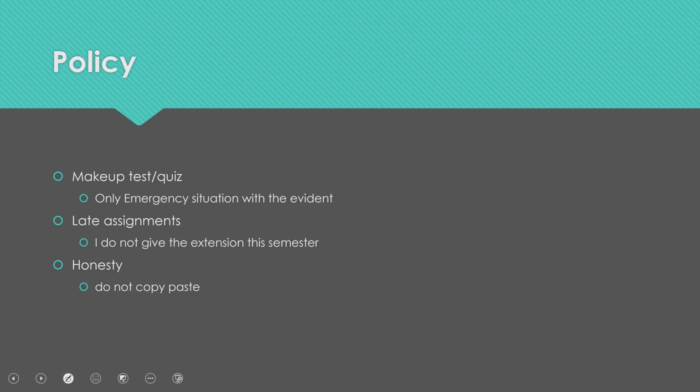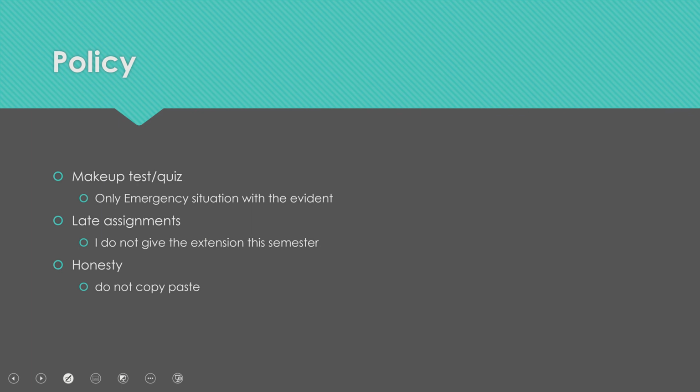Okay, just some policies. If you miss a quiz because of some emergency situation, I can give you a makeup. For an exam or quiz, if you are in quarantine or have COVID, as long as I receive the email from the school, I can give you another date to take the test.